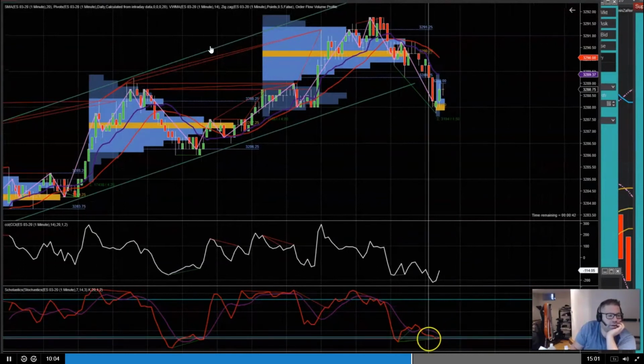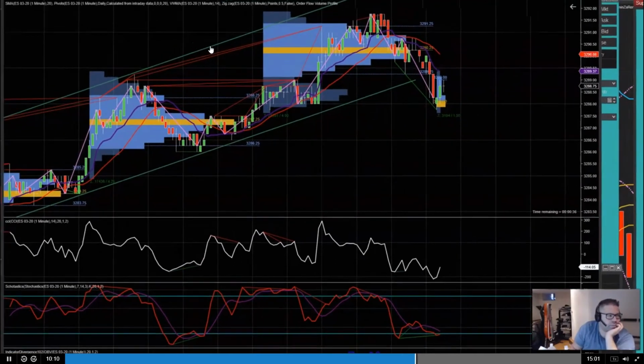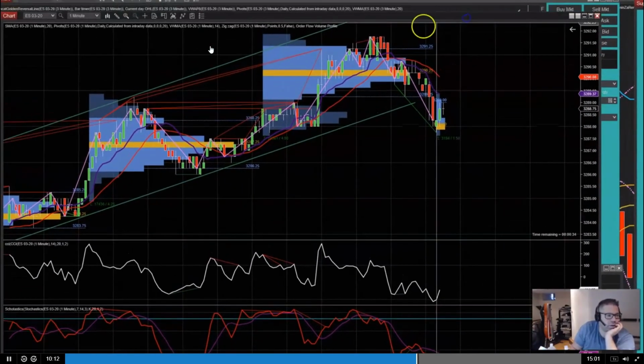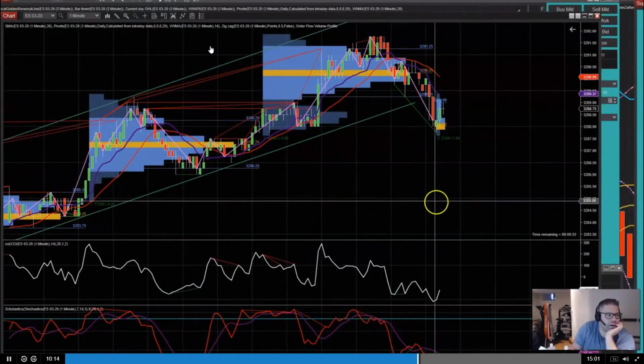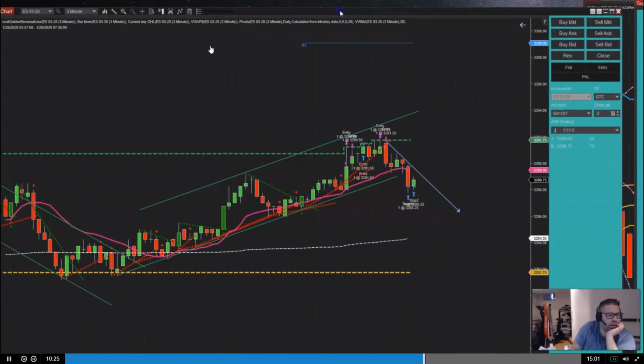So right here, I could kind of tell it might pop up a little bit, so I don't want to lose my profits. And I got out of the trade. Point is we are able to isolate and teach how to get at the top. So even though it says I made $200, right? I actually, the market has a way of faking you out.